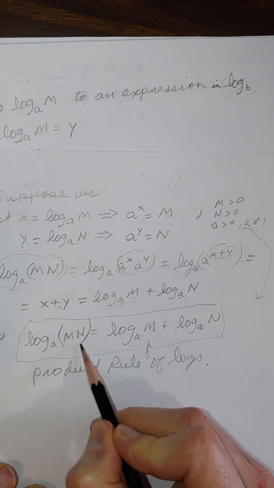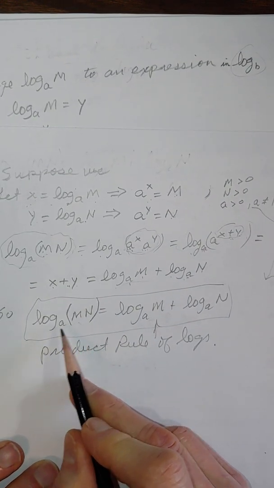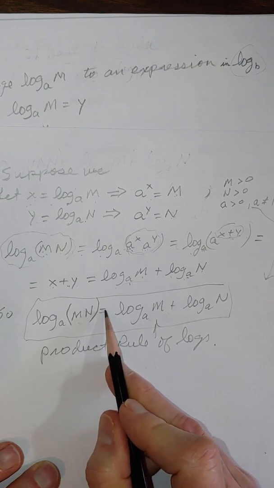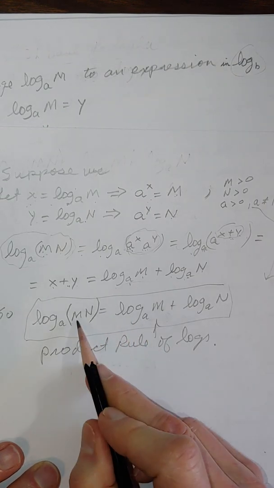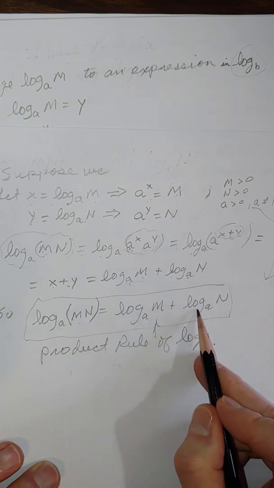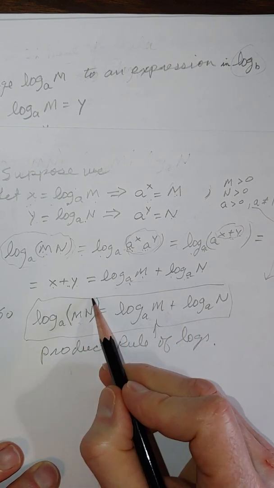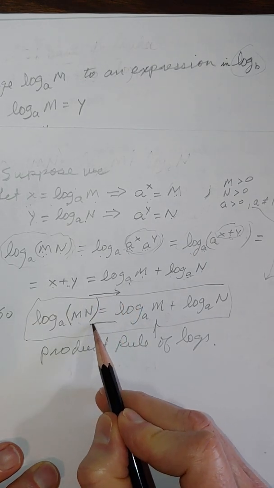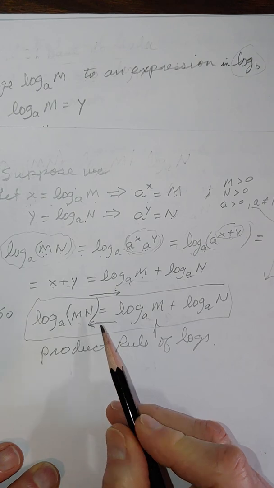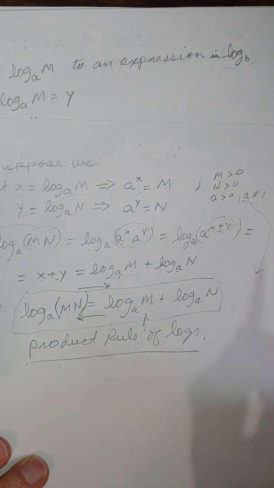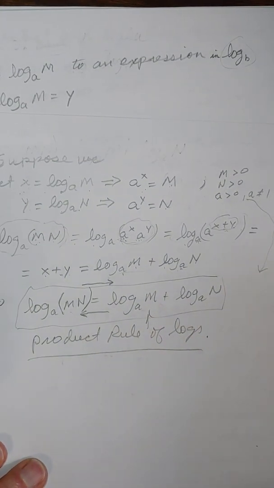So when you have a log of a product like this, log base a of m times n, you can write it, using this property, as log base a of one factor, m, plus log base a of the other factor, n. And you can change the left side of this equation into the right side, or the right side into the left side, as long as m and n are both positive, and a is greater than 0, not equal to 1.